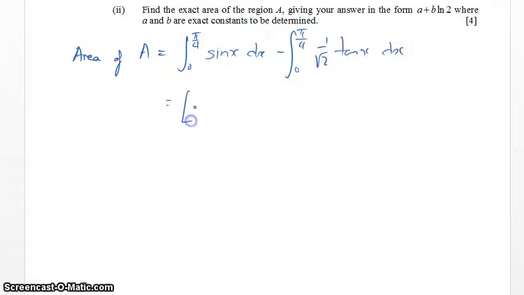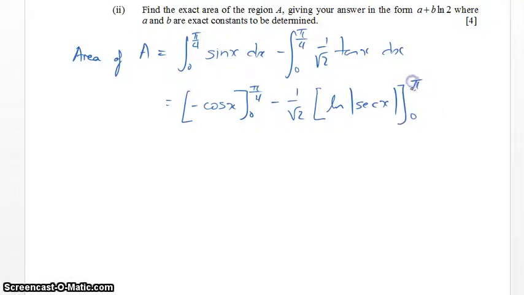So integrating sine, we get minus cosine x between 0 and pi upon 4, minus, integrating 1 over root 2 tangent x, we get ln mod secant x between 0 and pi upon 4.